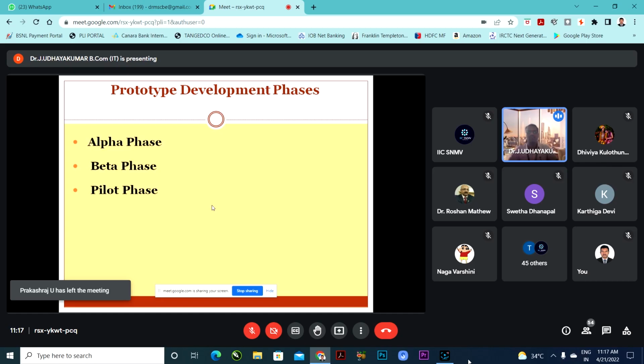Once the stakeholders approve this test, the manufacturer prepares for mass production. That is the beta stage. Beta phase is the final stage, and alpha stage is the initial stage. Once the beta stage is done, we make the product into the final product, and later move on to the pilot phase. The pilot phase is the final product, that is the final prototype. It is the first product.